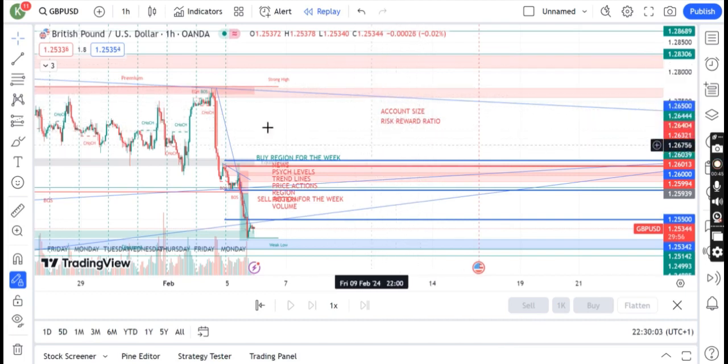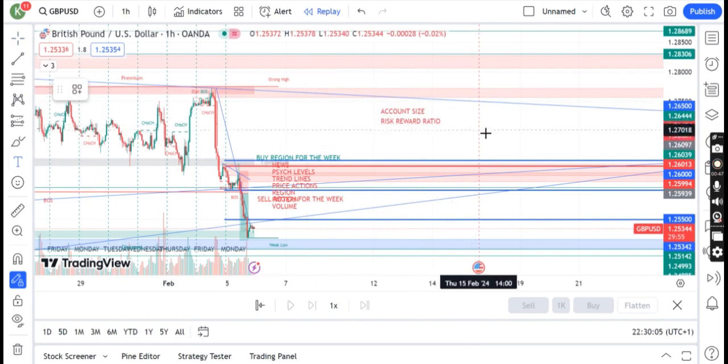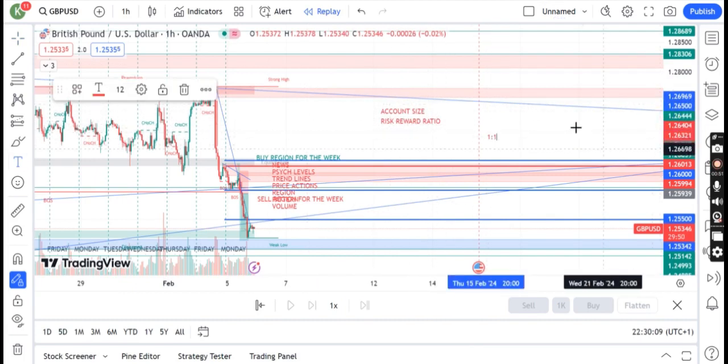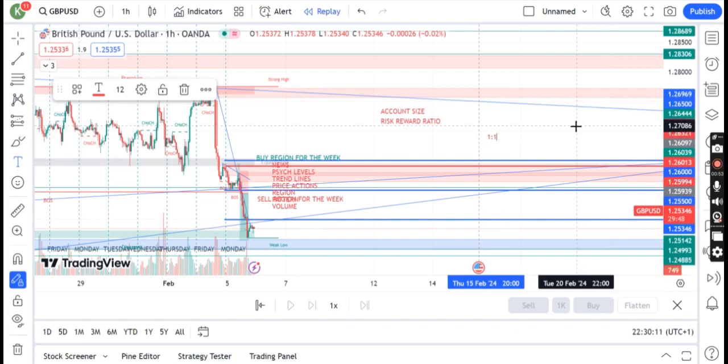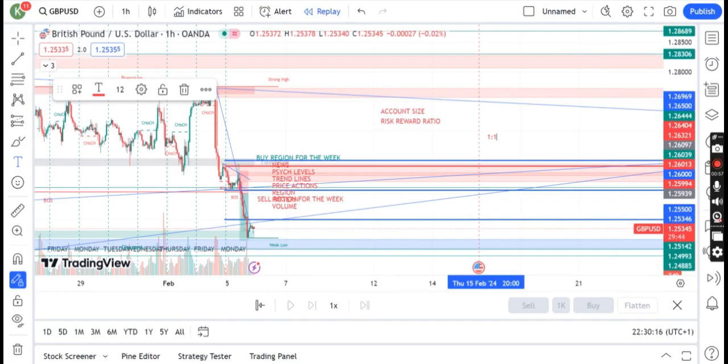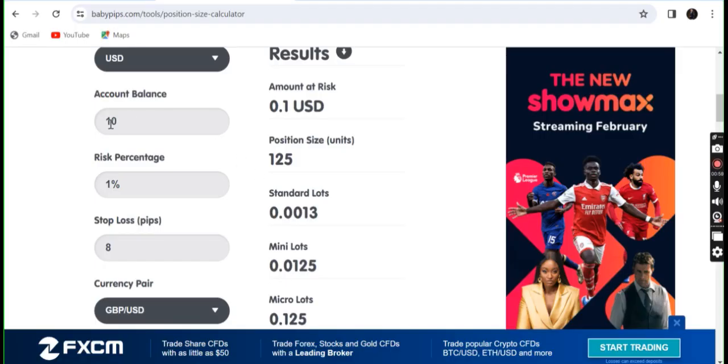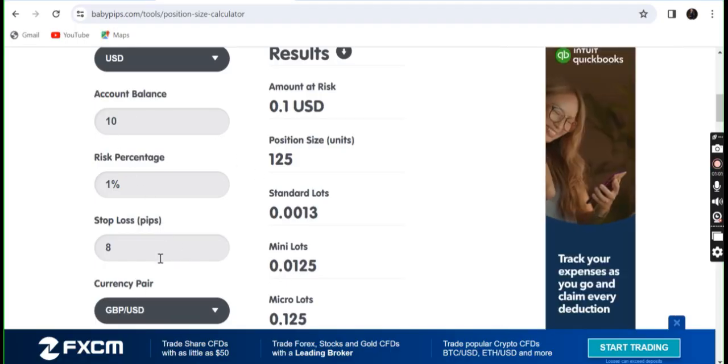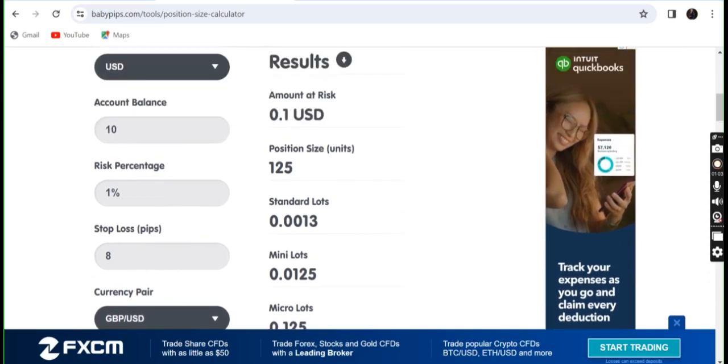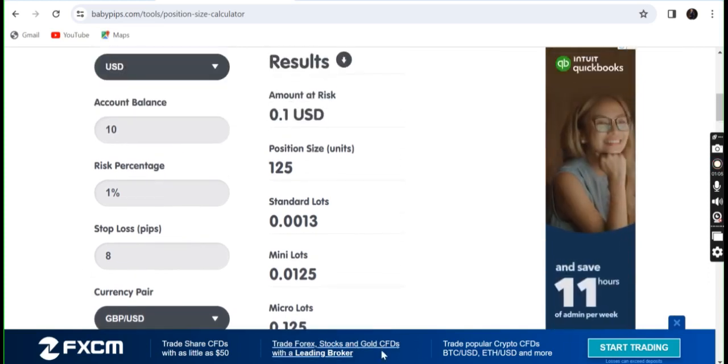What is your risk reward ratio? There are some people who use 1:1, and I will explain what this means. 1:1 means that you are risking, for instance, a position calculator is saying that your stop loss is 8 pips, and you'll be losing 0.1 USD.